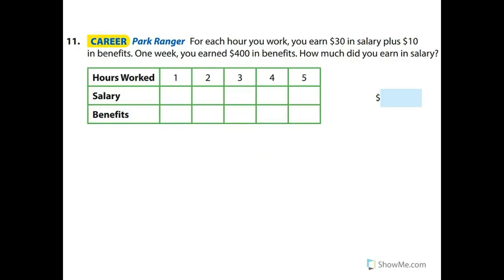All right, our last one, number 11. For each hour you work, you earn $30 in salary plus $10 in benefits. In 1 week, you earn $400 in benefits. How much did you earn in salary? Well, let's do salary. We earn $30 in salary, $10 in benefits. So we're going to add 30 each time, 10 each time.